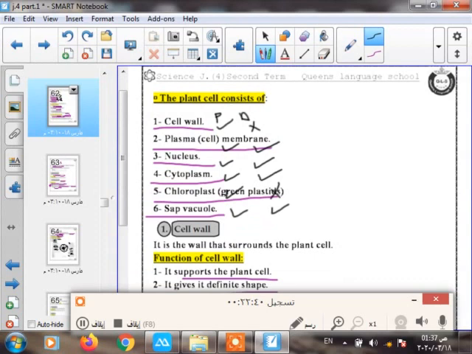So the animal cell differs from the plant cell by the absence of the cell wall and chloroplast. Both animal and plant cells have plasma membrane, nucleus, and cytoplasm, and differ by having cell wall and chloroplast.